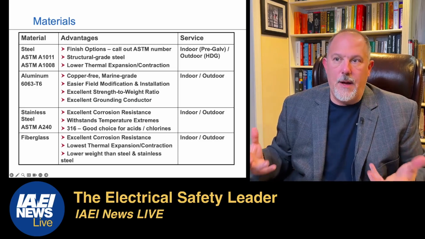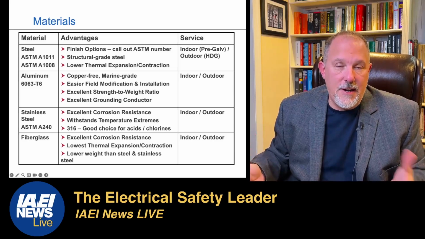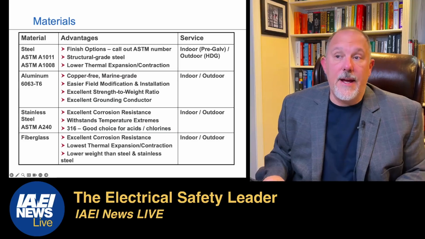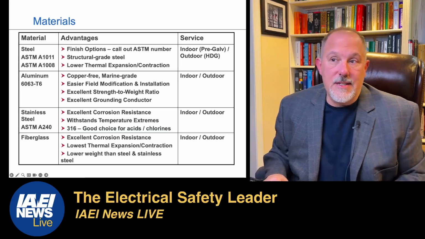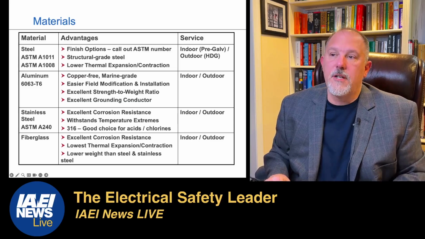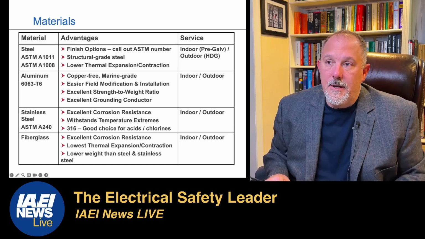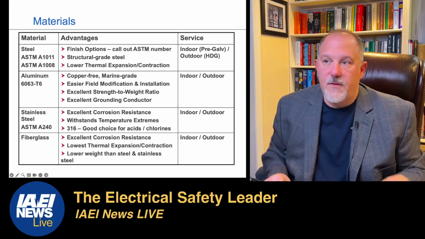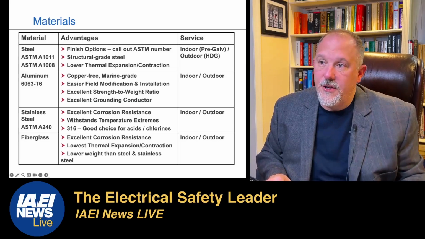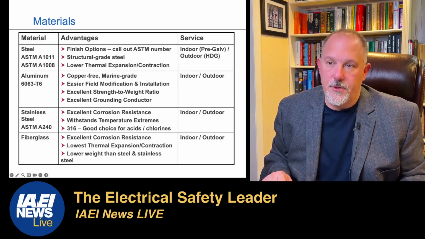Well, when you have a structure like this, expansion and contraction can be a concern. And when you have steel, it says lower, doesn't say it's non-existent, thermal expansion and contraction. So structural grade steel, and you can have ASTM 1011 or 1008 for your finish. You have indoor and outdoor, so they do make this equipment for outdoors.